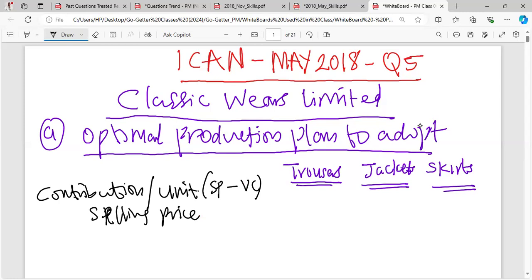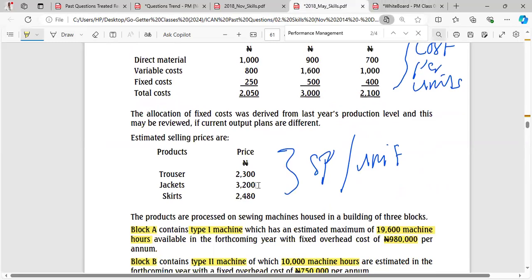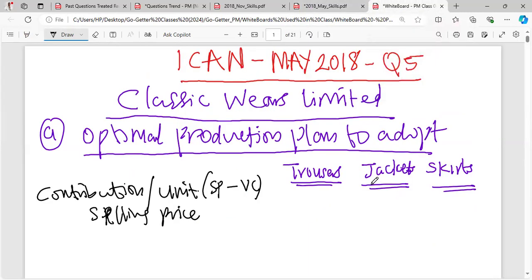Selling price, we have them here as 2,300, 3,200, 2,480. Of course, this is in Naira.